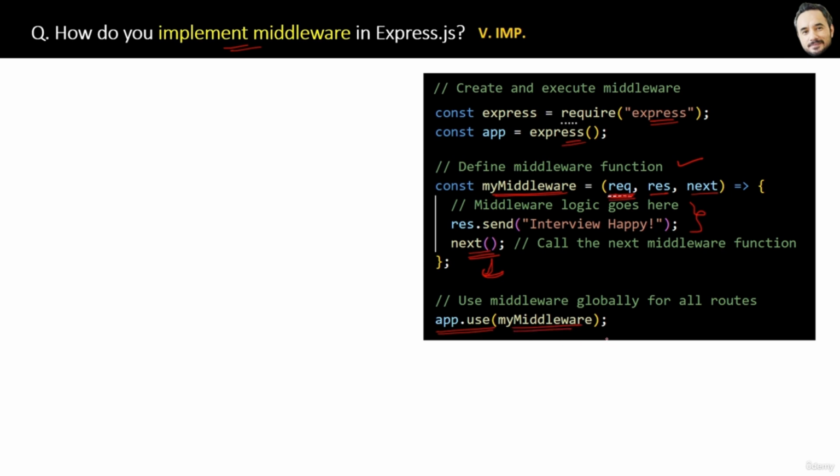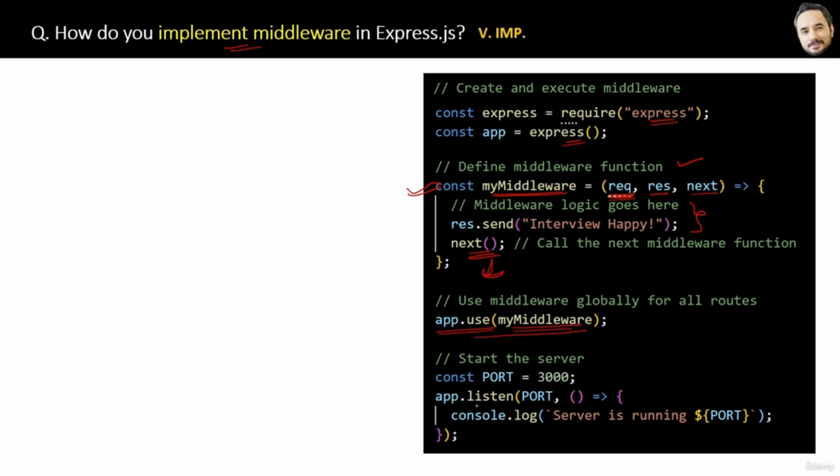So now when the request sees this code, the above defined middleware will be executed, and after that, as usual, we can use the listen method of the application server so that our server can listen to the request from the UI or somewhere else.